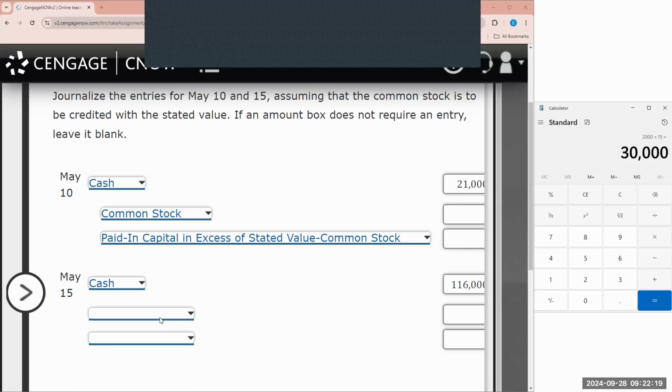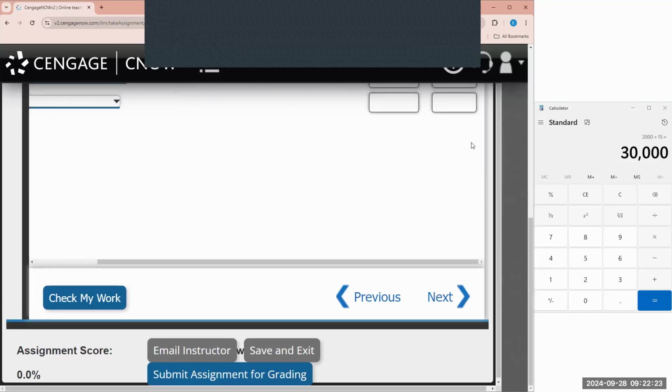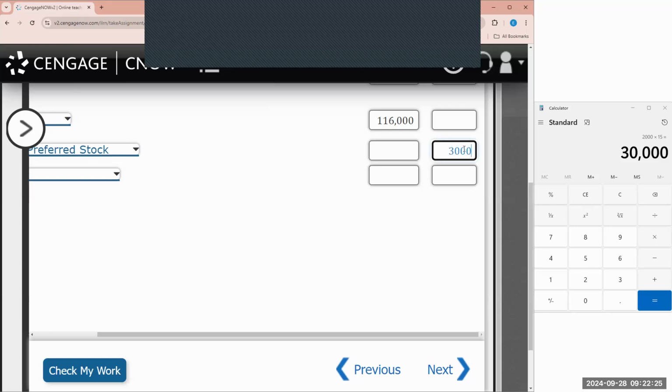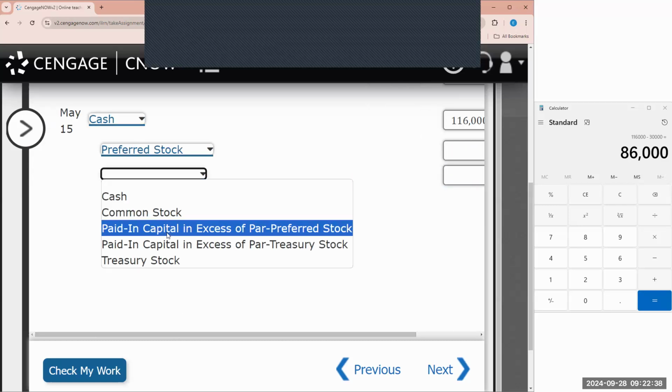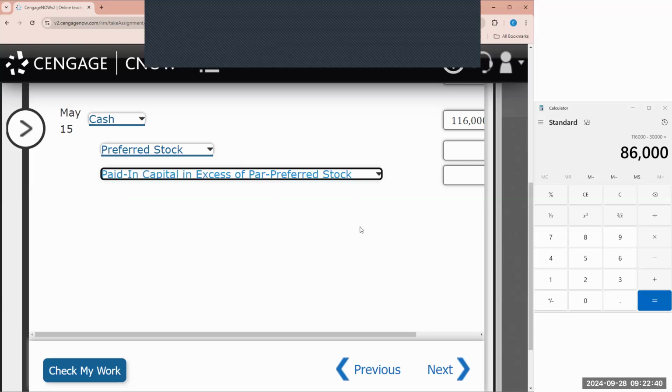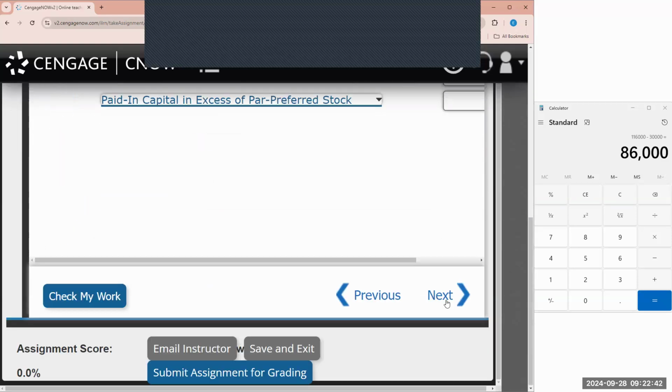So we would credit our preferred stock for 30,000. And the difference between the cash received of 116,000 minus the 30,000 is $86,000, and this represents the paid in capital in excess of par preferred stock.